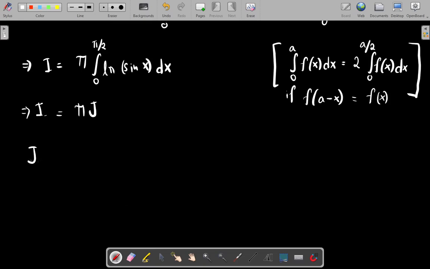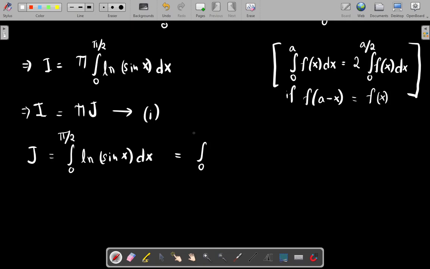So we have J equal to the integral from 0 to pi over 2. Let's say this is equation 1. This is I and the second one is J. So this is ln of sin x dx. Okay, so again instead of x I can write pi by 2 minus x throughout the integral.